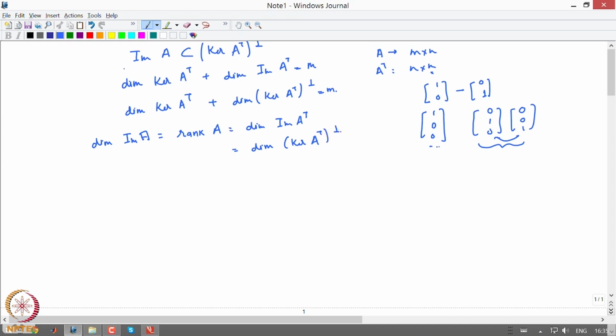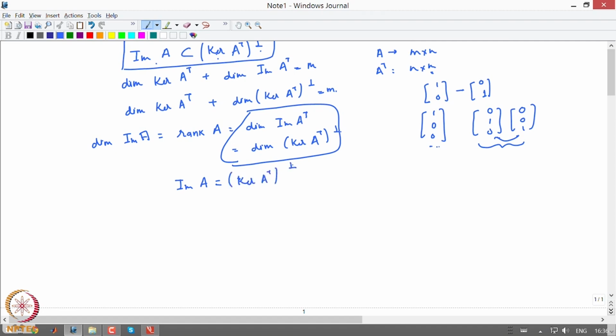So what I know so far is that the image of A is a subspace of the orthogonal complement of the kernel of A transpose, and additionally that the dimensions of these two spaces are equal. This is possible if and only if there is a strict equality between the image of A and the kernel of A transpose with its perp. Okay, that's one part of the proof, and the second part of the proof is kind of straightforward from this.